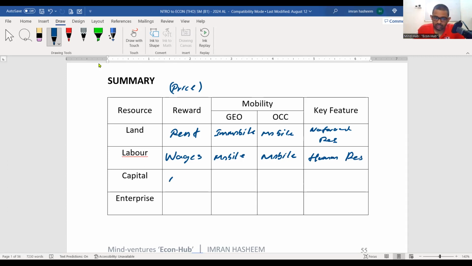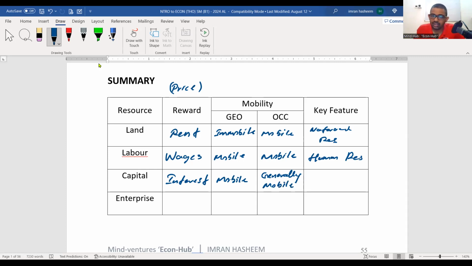Capital, the reward is called interest. Geographically mobile. Occupationally, we'll say generally or mostly mobile. There are some job specific things.